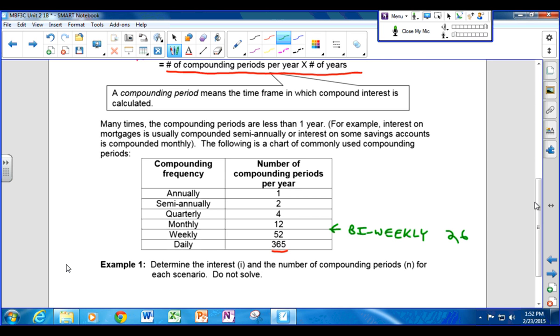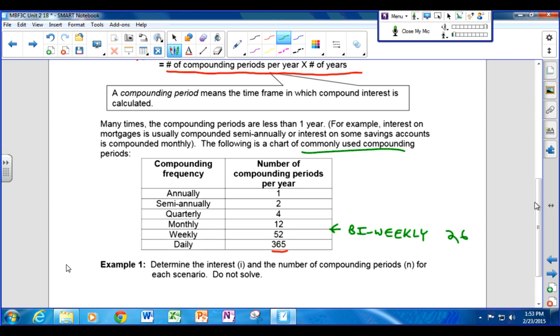It says bi-weekly is commonly used. Let me tell you, a lot of people pay their mortgages bi-weekly. I know I do. You pay your mortgage bi-weekly because you get paid bi-weekly, so you can actually save money on your mortgage, which is a loan for the house. You're reducing the amount of interest.